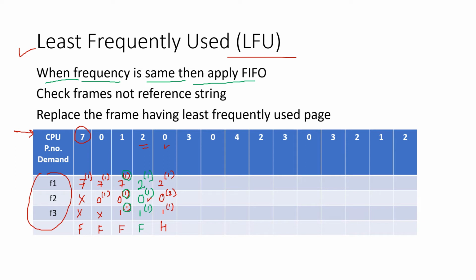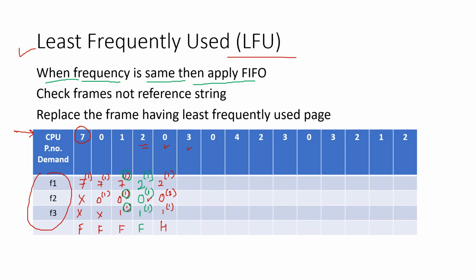Now next is 3. Which to replace here? Here you can see the least frequently used is 2 or 1, right? Either you can replace 2 or 1. But if the frequency is the same, you check first in first out.